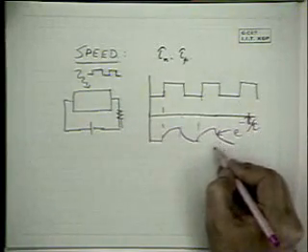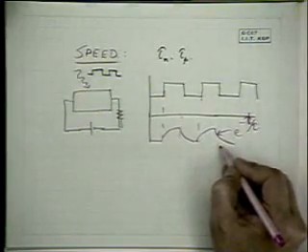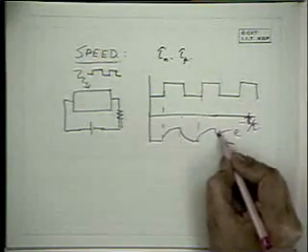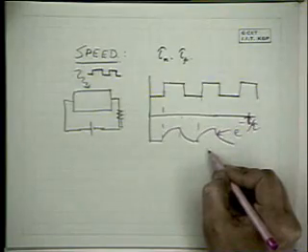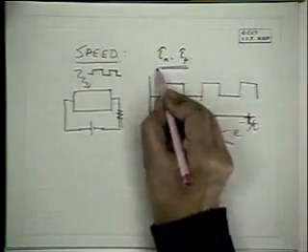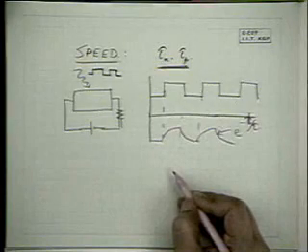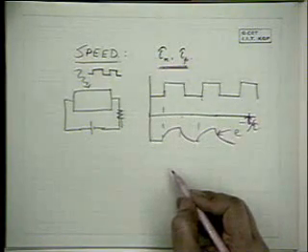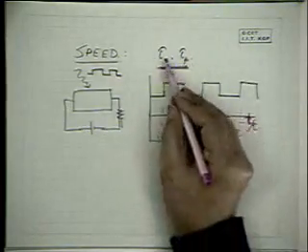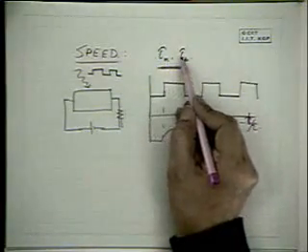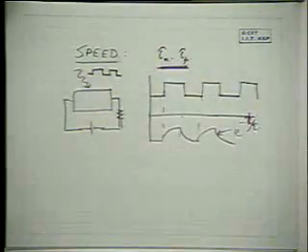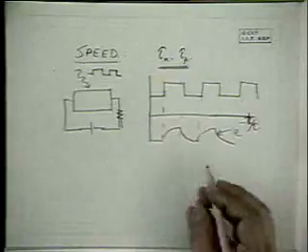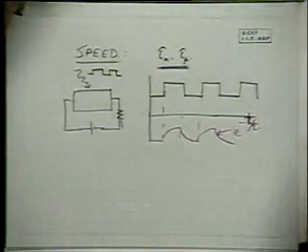So the response time is determined by the minority carrier lifetime, and obviously if this minority carrier lifetime is small, then you have high speed, but the gain is small, as we've seen.